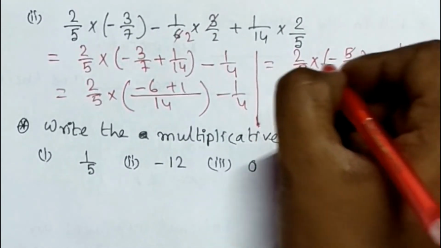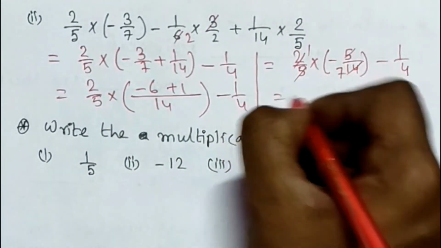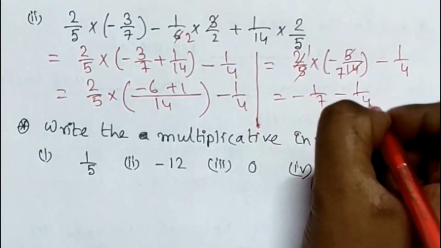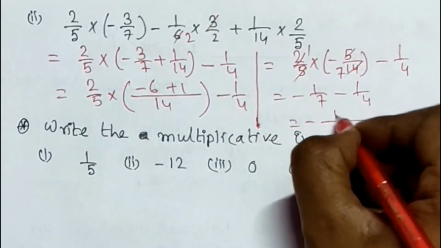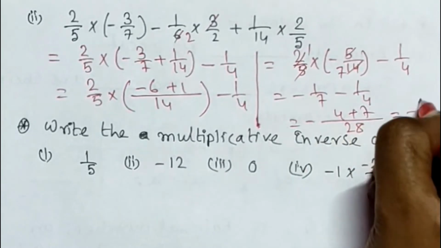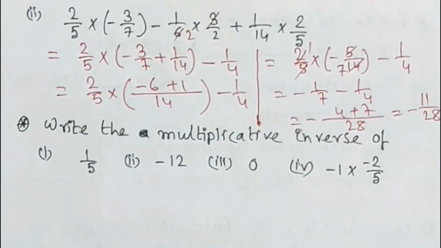Cancelling out 5 and 5 and simplifying, we will get minus 1 by 7 minus 1 by 4, which is equal to minus, taking the LCM as 28, minus 11 by 28 as the result. So here you have to remember which property we are using.